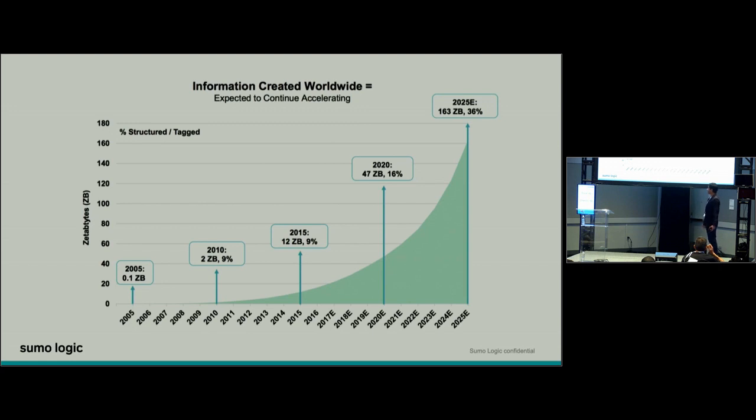This over here is the amount of machine data that has been generated worldwide. In 2005, we were looking at 0.1 zettabytes. 2015, 12 zettabytes. This number is expected to grow to 163 zettabytes by 2025. 1 zettabyte is a billion terabytes.